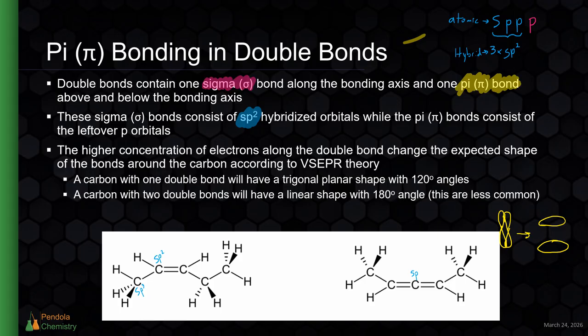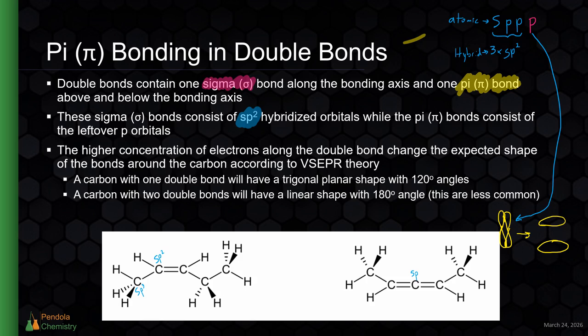Because in order to have two double bonds, like I mentioned earlier, the pi bond in a double bond can only be formed by this p orbital up here. So that p orbital that's left over from the hybridization actually goes to creating a pi bond. So if we have two pi bonds on a carbon, we need two p orbitals that are intact.